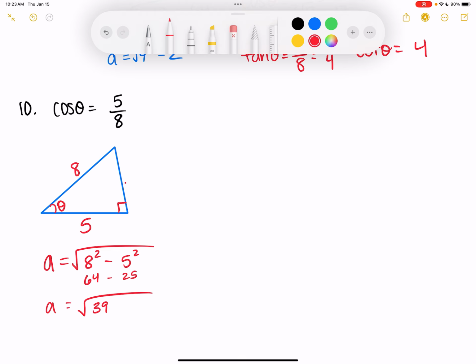So this side is the square root of 39. Can I take anything out? Let me think. 3? I can take out a 3 and then, what is that? 3 and 13. Yeah, that's it. So there's nothing I can take out, so we would leave it. But yes, I do need to check that.